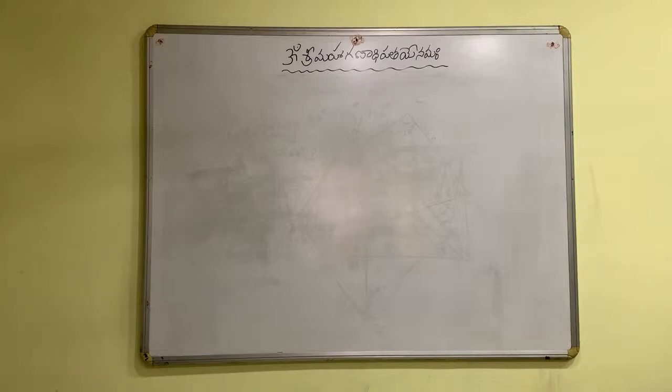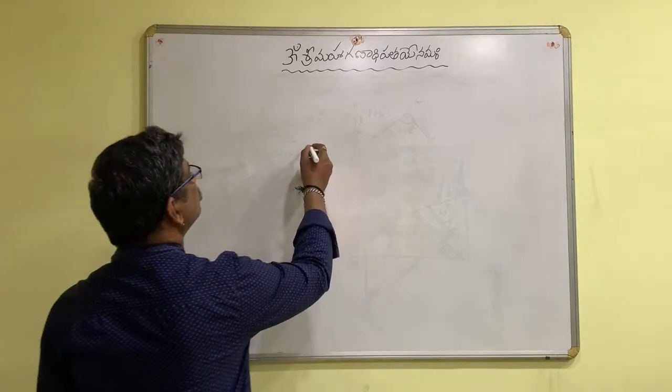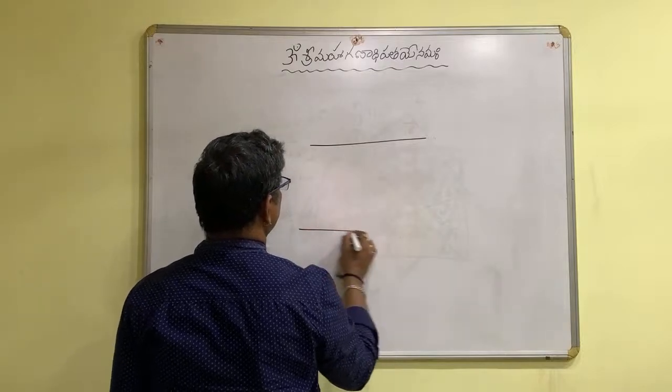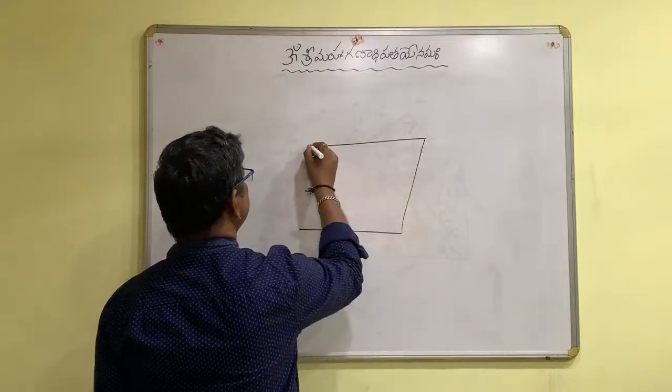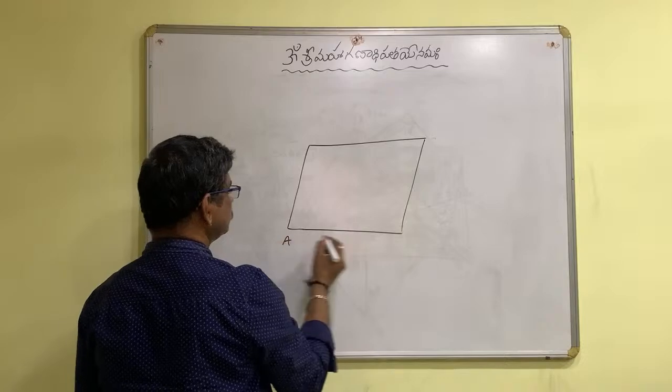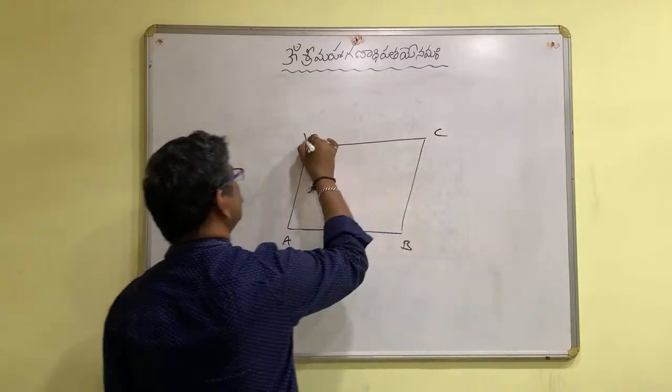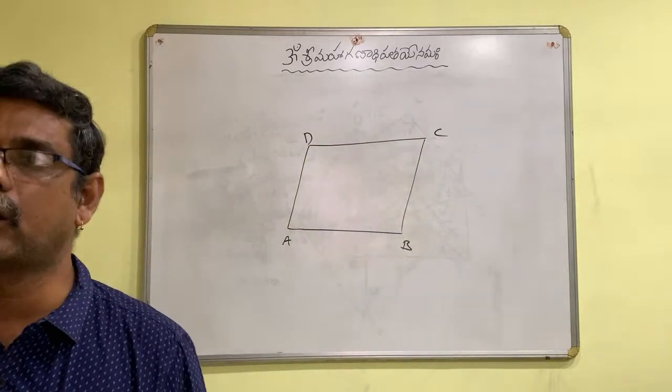Now, question number 14. The bisectors of angles of parallelograms. See, this is an important question. ABCD is a parallelogram.